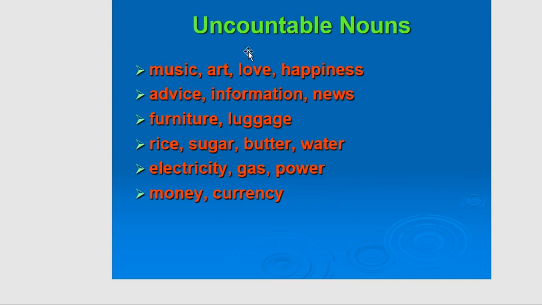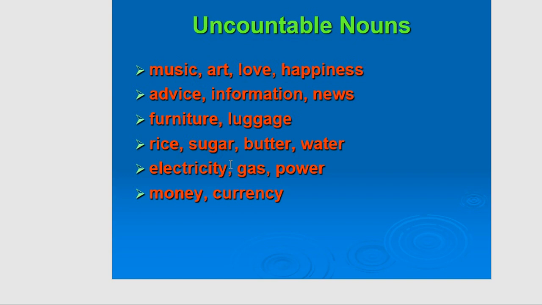Uncountable nouns include music, art, love, happiness, advice, information, news. You can remember these words. We also have electricity, gas, power. Why can't we count electricity? Because electricity is abstract, and it's one. There are no kinds or types of electricity.